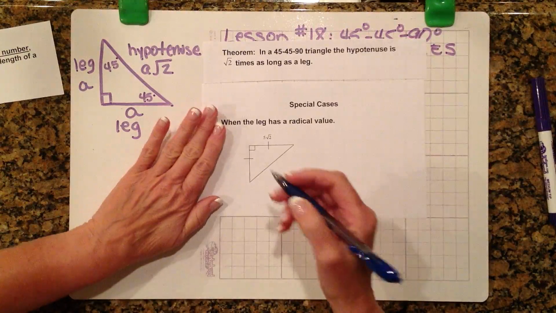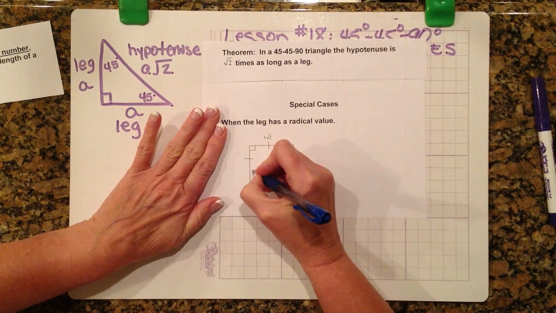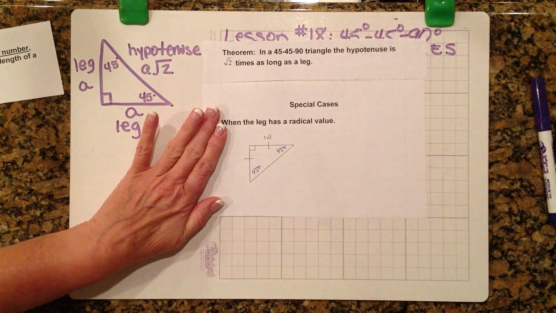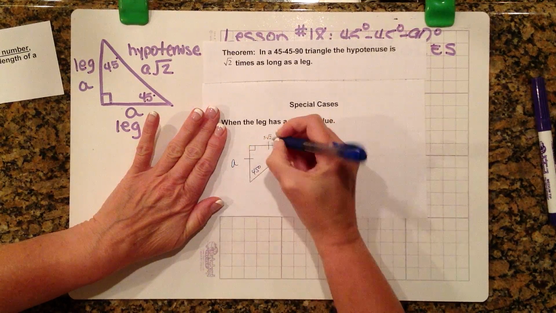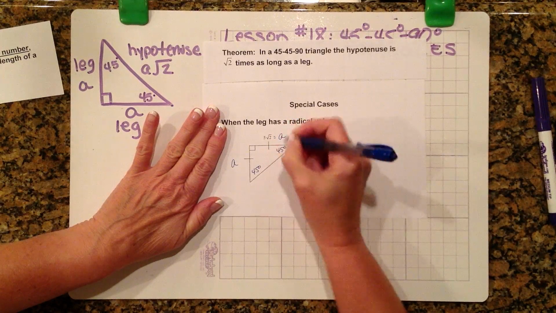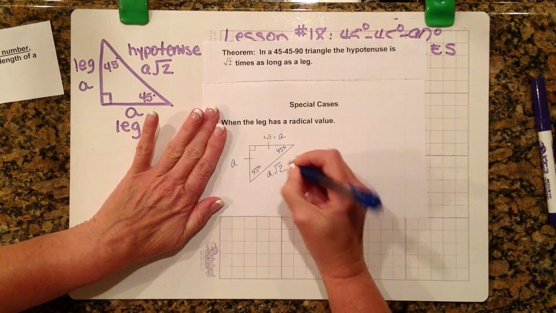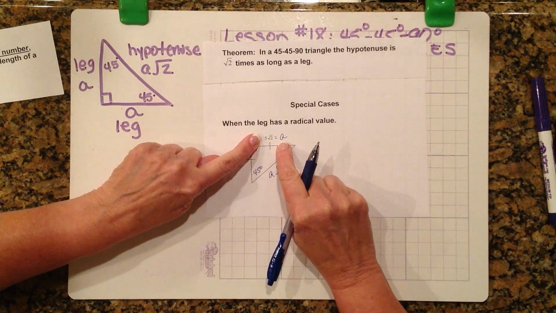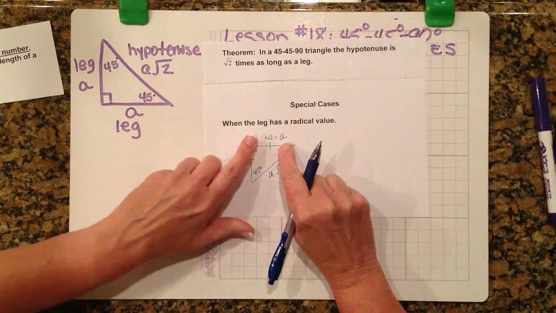So let's write the formula down. We know it's 45, 45, 90 because these two sides are congruent. So my formula is a square root of 2. Just write the formula down. Get that much done. So what is a? Remember, a can be anything.